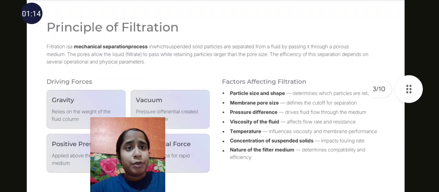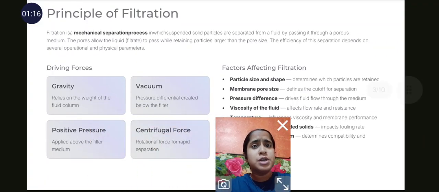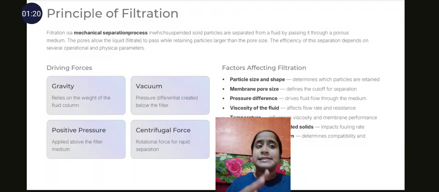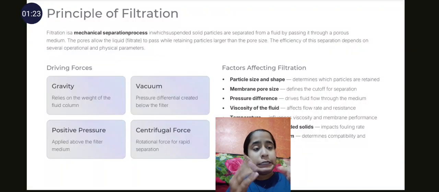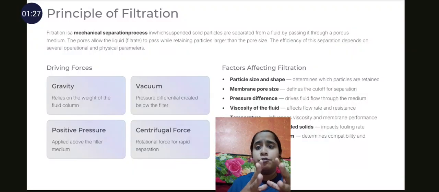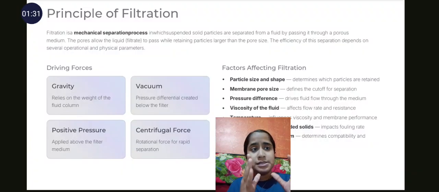If we talk about the principle of filtration, it is based on size exclusion. A filter contains tiny pores that allow liquid and dissolved molecules to pass while retaining larger suspended materials.